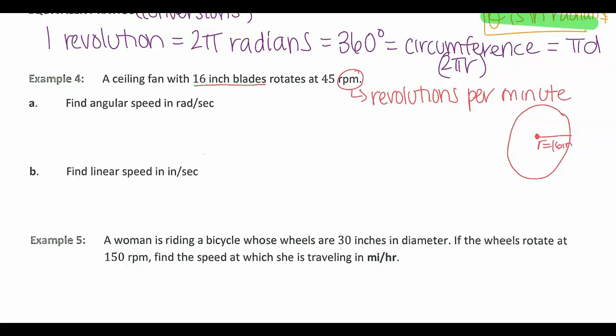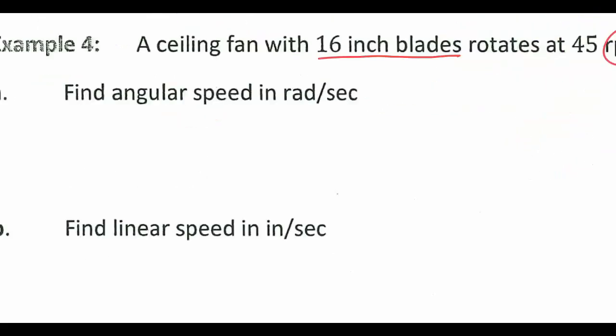So we need to use the angular speed understanding that we have to figure out how to get this from RPM, which is revolutions per minute, into radians per second. Remember how I said before that you just need to know dimensional analysis to solve these? This is why. We're going from 45 RPM. And let me actually rewrite RPM as revolutions per minute.